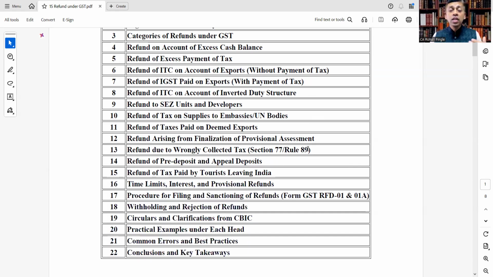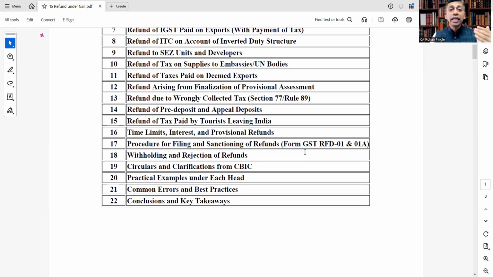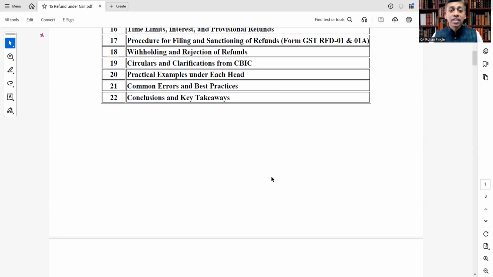Also, we will see practical examples, then time limits, interest, provisional refunds, procedure for filing and sanctioning of refunds, withholding and rejection of refunds, circulars and clarifications from CBIC, common errors and best practices. And at the end, we will also see conclusions and key takeaways from today's learning. So let's start.